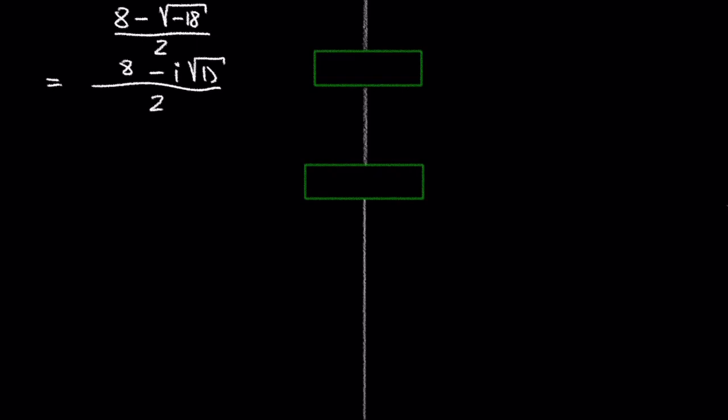Let's look at the last two examples. 8 minus the square root of negative 18, over 2. The square root of negative 18 is defined as I times the square root of 18.